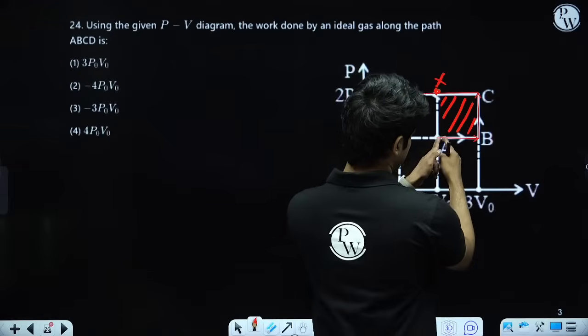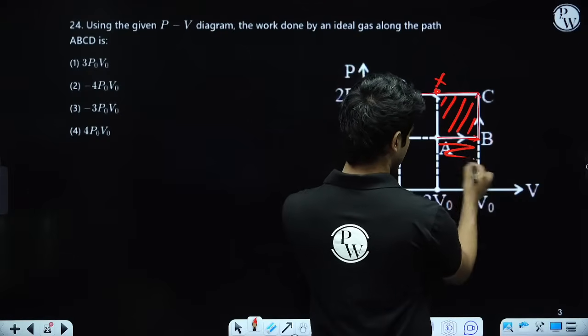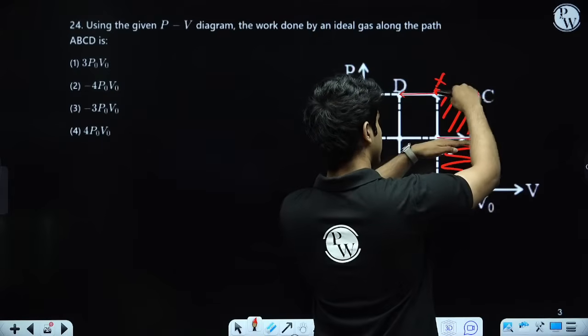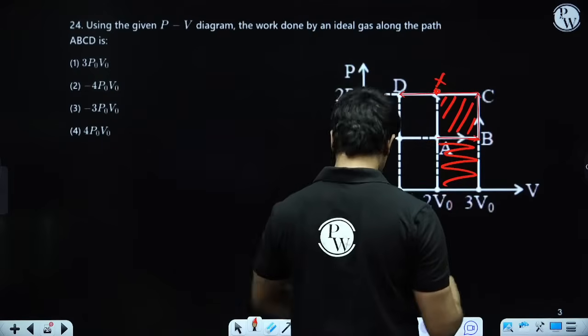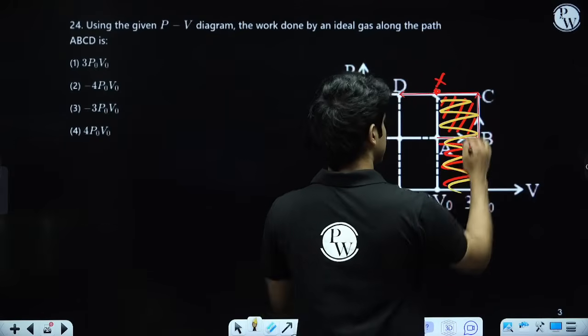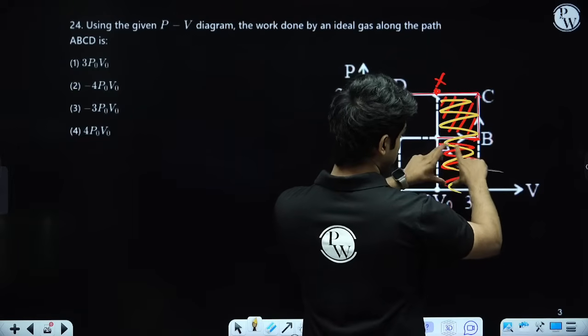Why is it? Because A to B work done is going to be this area, B to C work done is 0 because isochoric, and from here to here the work done is going to be the area underneath that, this area. Okay, but this yellow work done is negative and this red work done is positive.